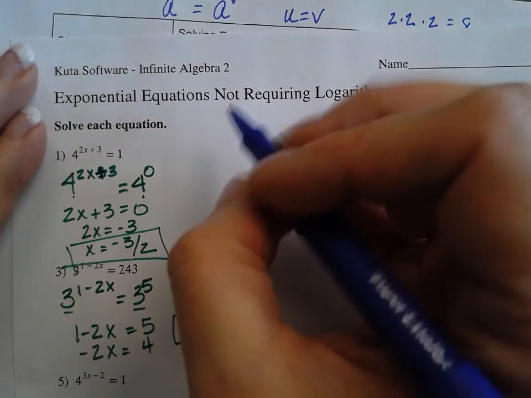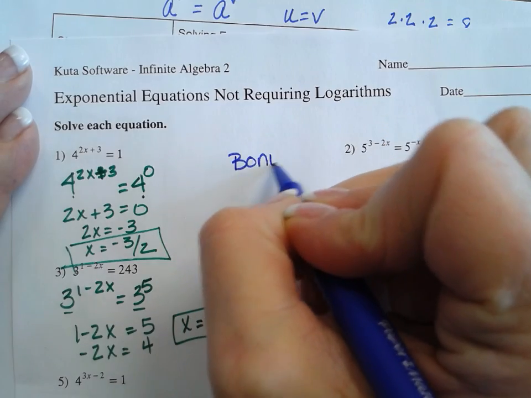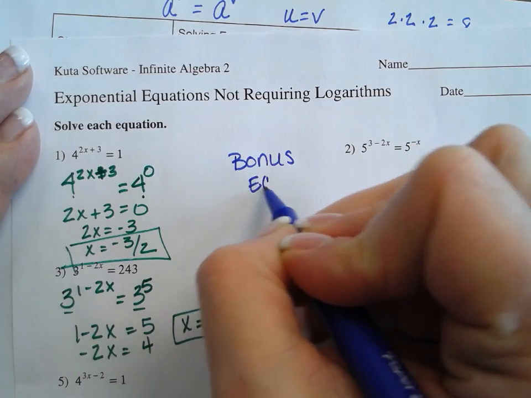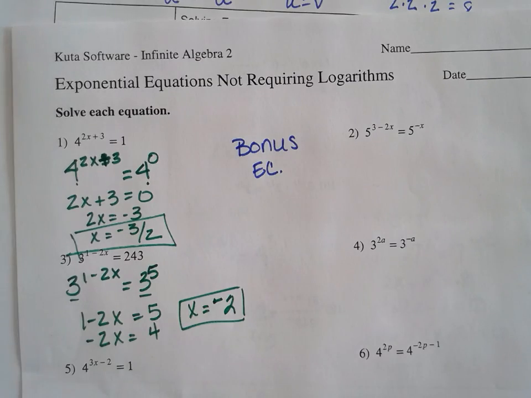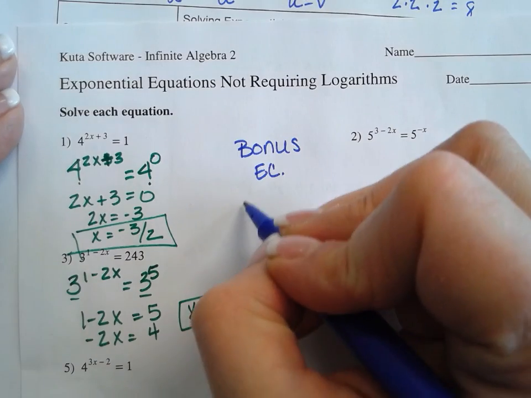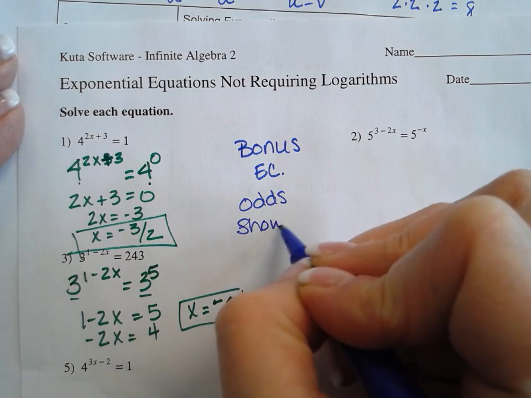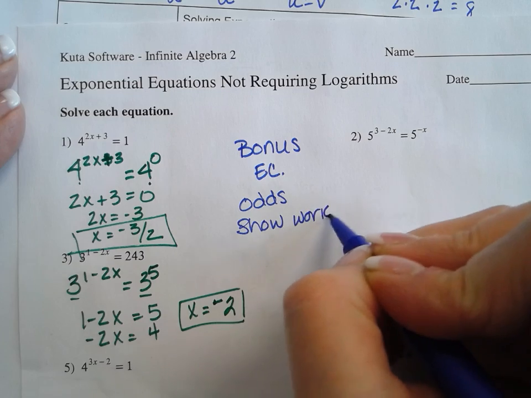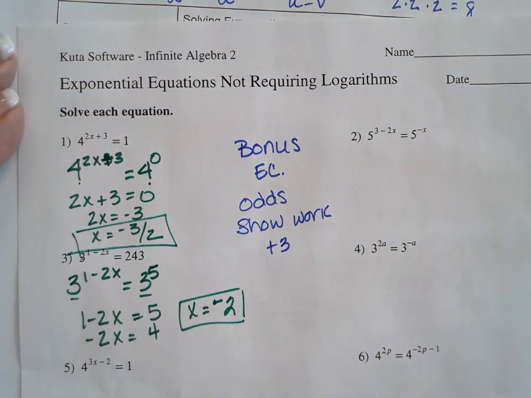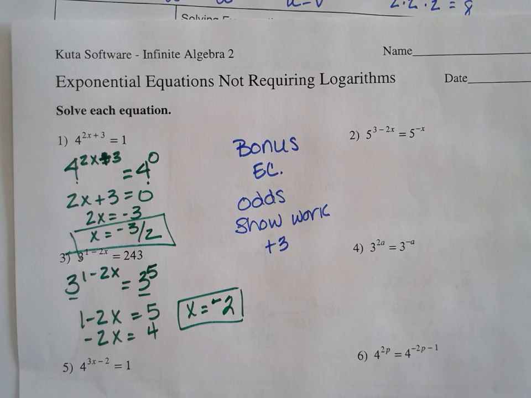All right, I have a bonus extra credit opportunity. You have to do the odds. You have to show work. And you will get 3 points if correct. All of them, odds.